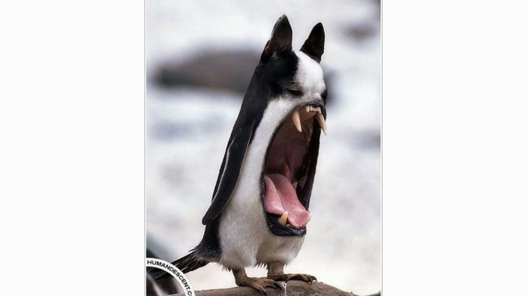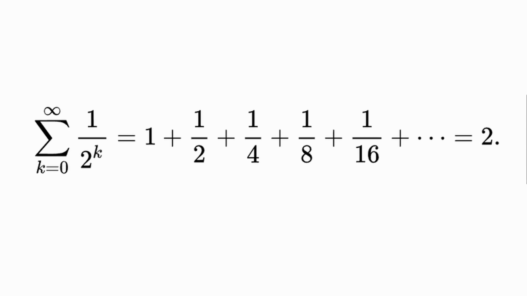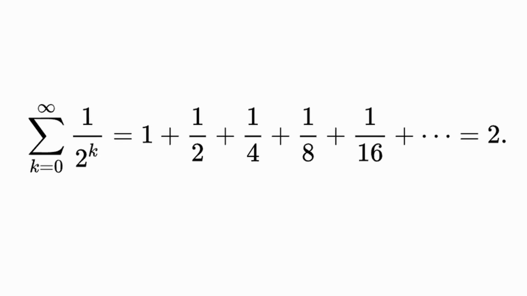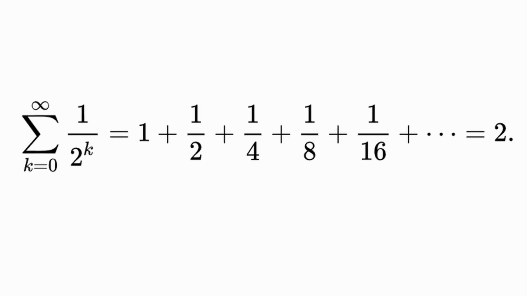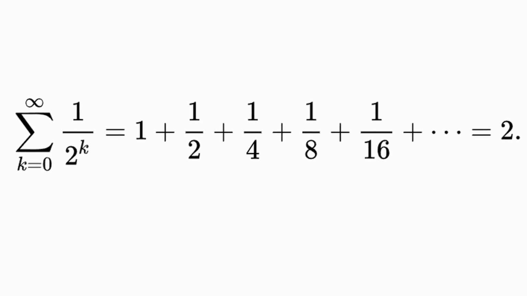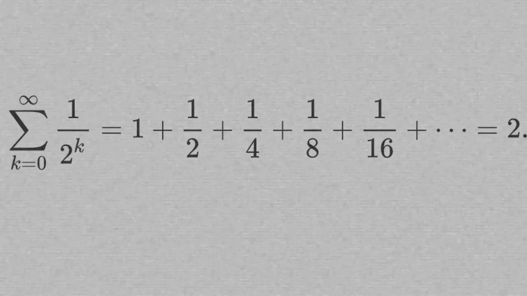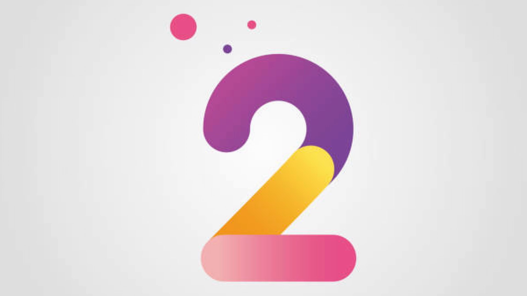2 is the only number x such that the sum of the reciprocals of the natural powers of x equals itself. In symbols, the sum for k equals 0 to infinity of 1 over 2 to the k equals 1 plus 1 over 2 plus 1 over 4 plus and so on equals 2.